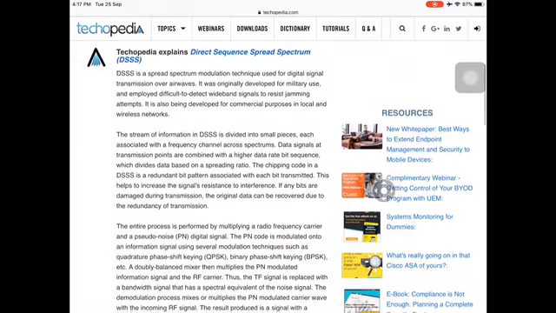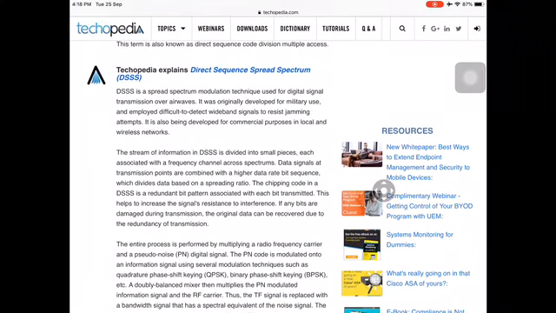So here are some uses of direct sequence spread spectrum. The modulation technique is used for digital transmission through airways.